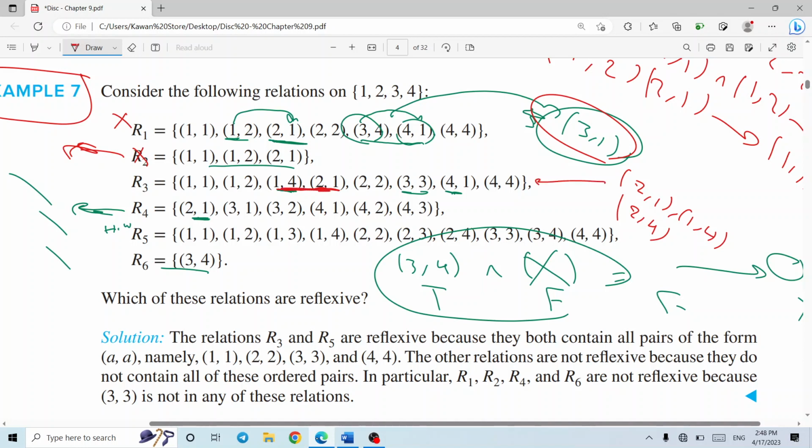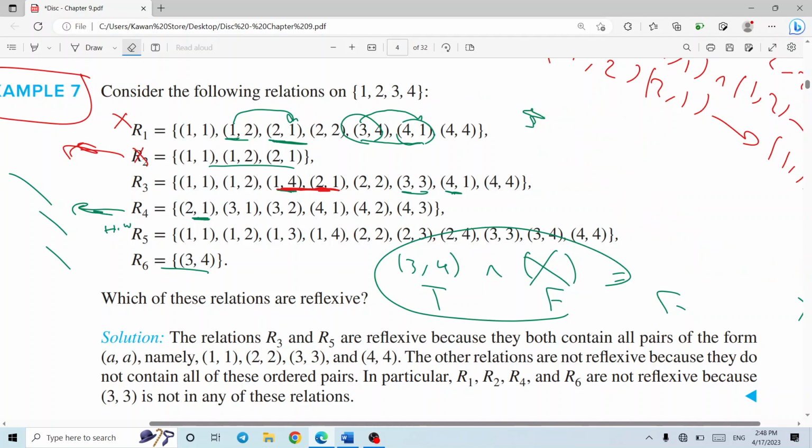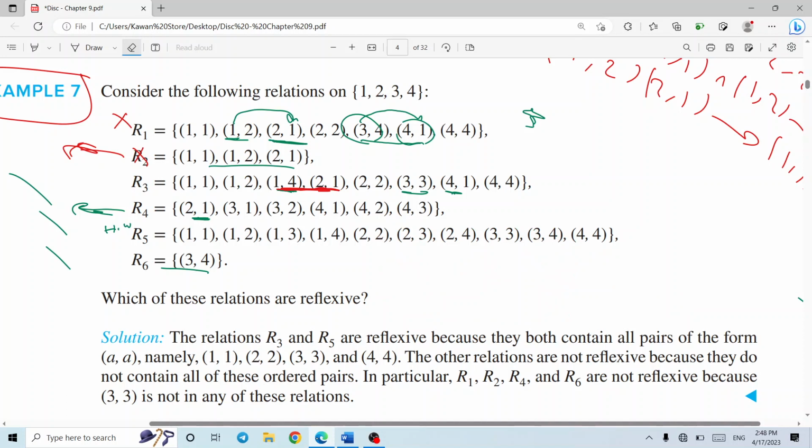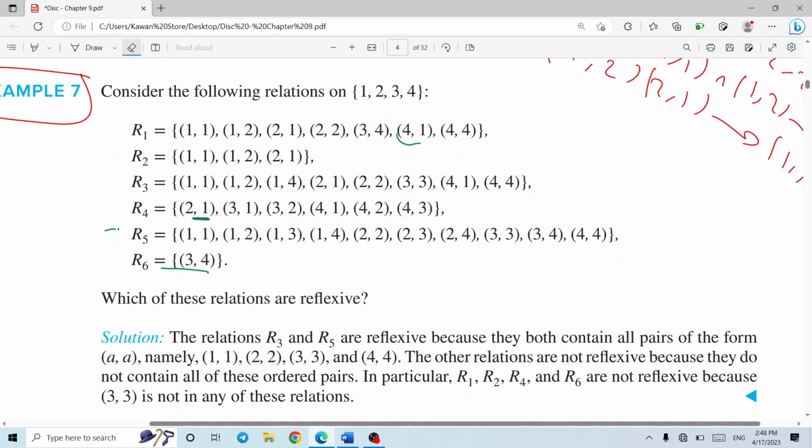If I see I have (2, 1), let me clear everything. Yalla kak. We have what?